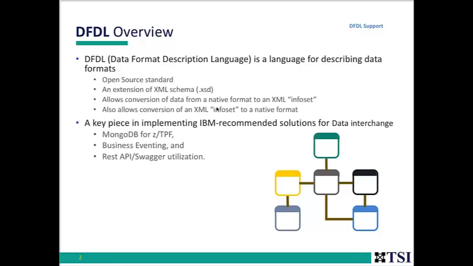In fact, that's why it's a key piece in implementing the IBM recommended solutions for data interchange. zTPF can have a MongoDB server that allows data to be queried through NoSQL. I'm not real familiar with it, but somehow queries can be made on the data, and the data could go back, and it could be written or read if you allow that, once the schema is known.